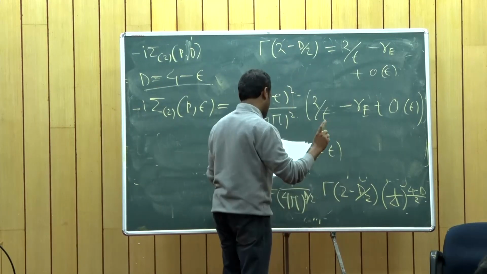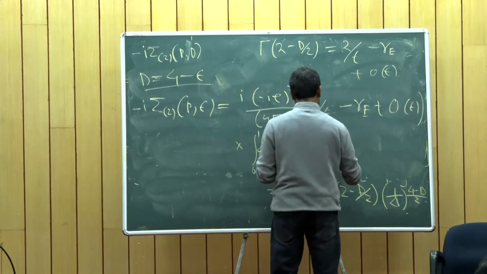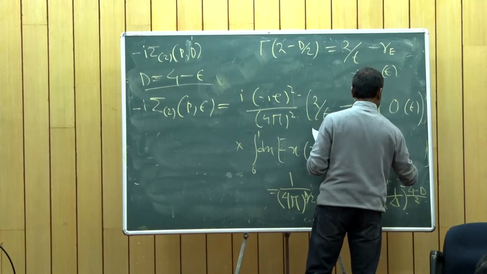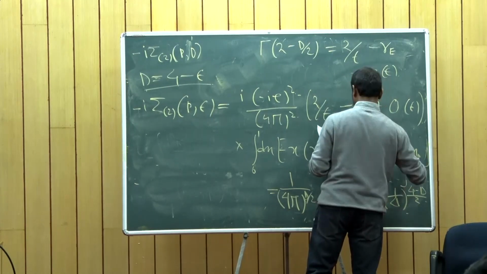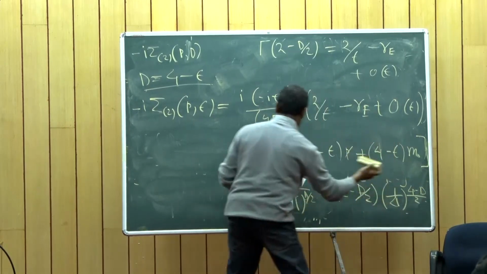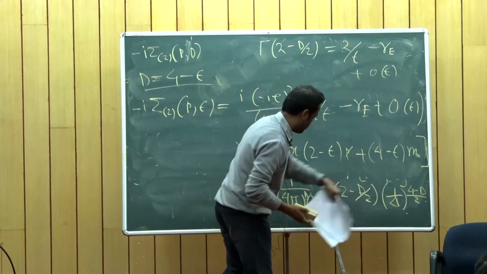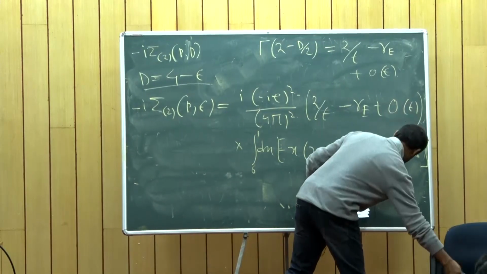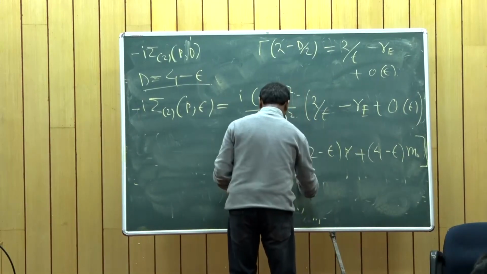This comes from this gamma mu p slash gamma mu part, p slash plus (4 minus epsilon) m naught part. Multiplied by this, if you combine all this 4 pi delta and all these things, this will give another factor.